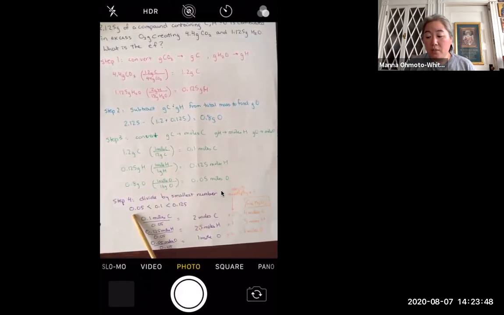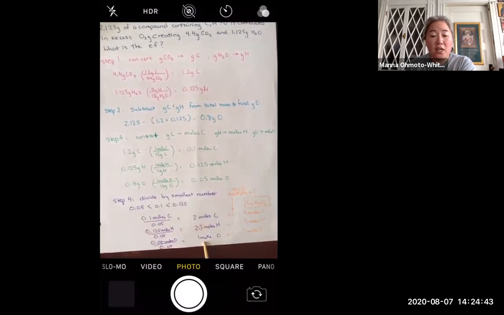The smallest number is 0.05 because that's less than 0.1 and 0.125. So I divide by 0.05 for all of these. 0.1 divided by 0.05 is equal to 2, 0.125 divided by 0.05 is equal to 2.5, and 0.05 divided by 0.05 is equal to 1.